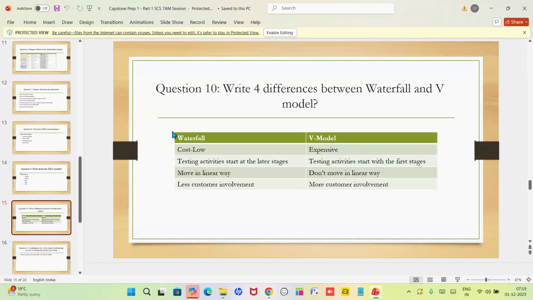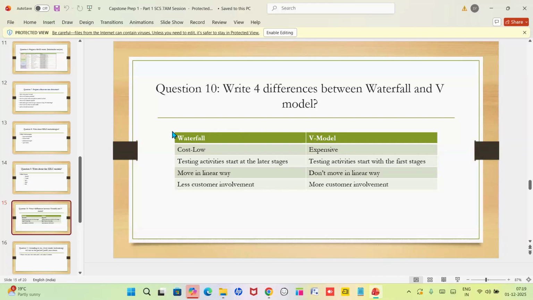And coming to question 10, what is the difference between the waterfall model and the V model? We need to know that. The waterfall model is less costly, and the V model is expensive. In the waterfall model, the testing activities will be done after completing the project. In the V model, the testing activities will be done parallelly, while developing the project. For the waterfall model, after completing the development we go through the testing, and the waterfall model is linear, while in the V model we don't move in a linear way.